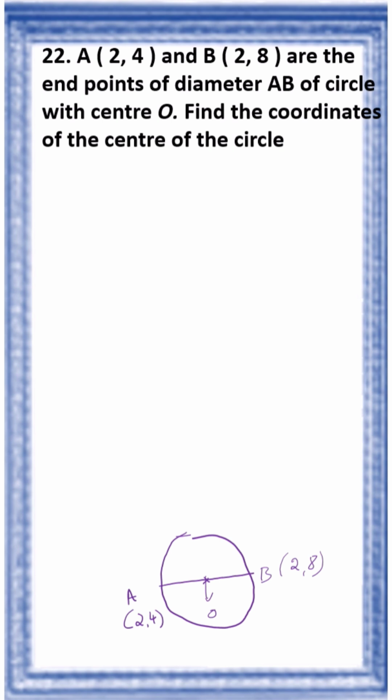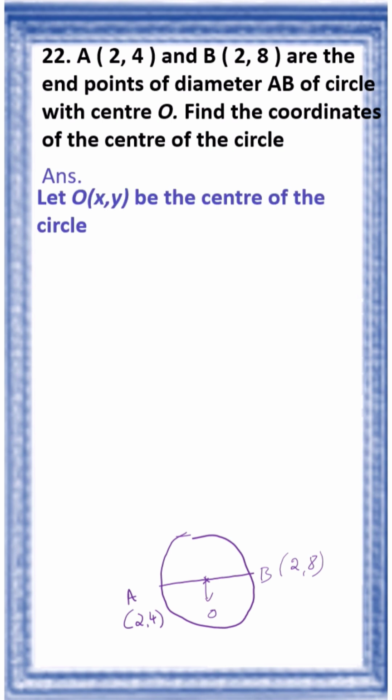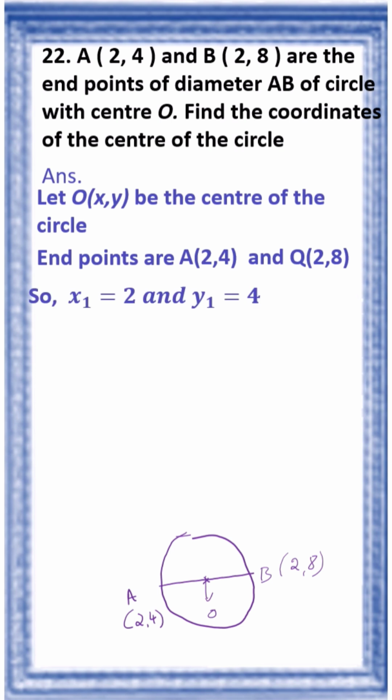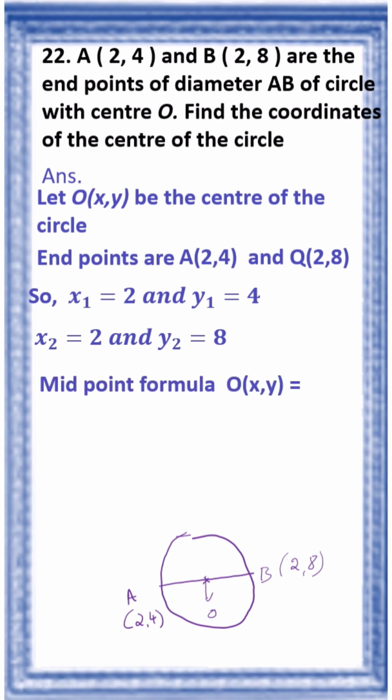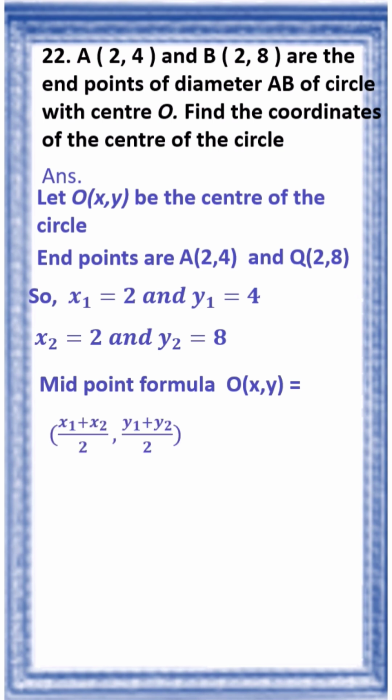So now we can use the midpoint formula, isn't it? We have to write all these things. X1 is equal to 2, Y1 is equal to 4, X2 is 2 and Y2 is 8. Already we know that here we have to use the midpoint formula. So the midpoint formula is what? (X1 plus X2) by 2, (Y1 plus Y2) by 2.